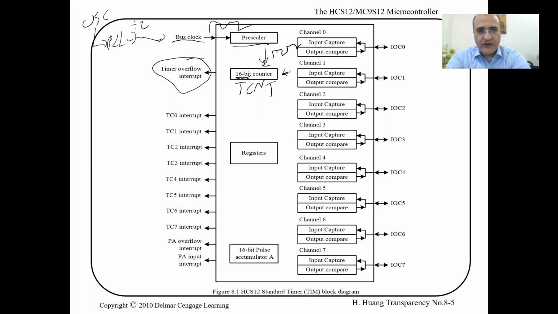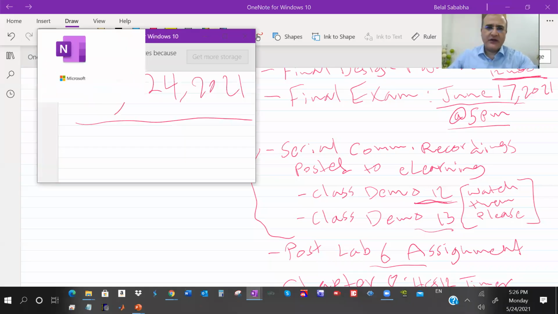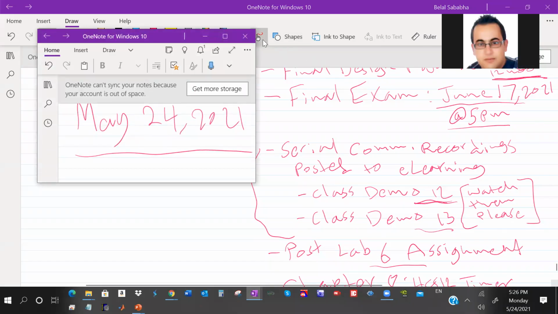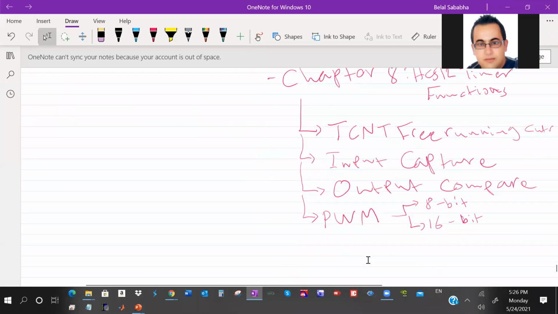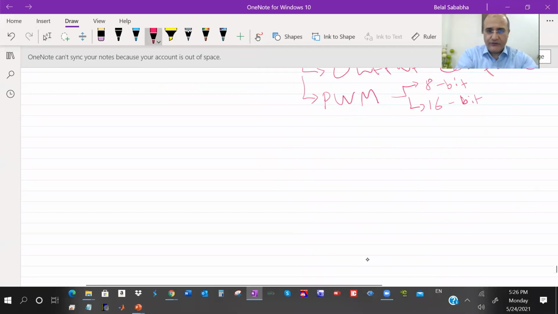The clock here, you mean? Yes, the clock. Mustafa, I don't know what you mean bit by bit, but what is this? It is a register. We have a register called TCNT.